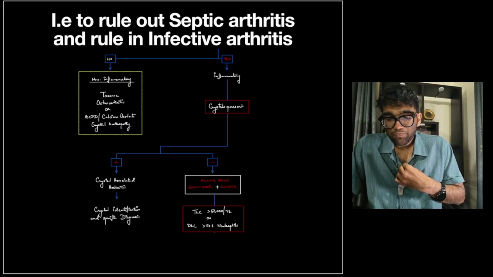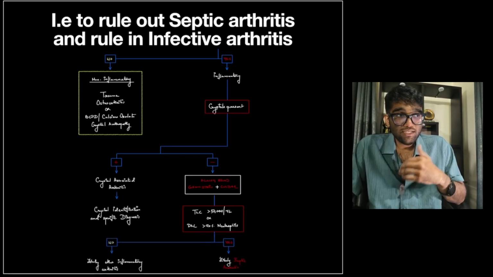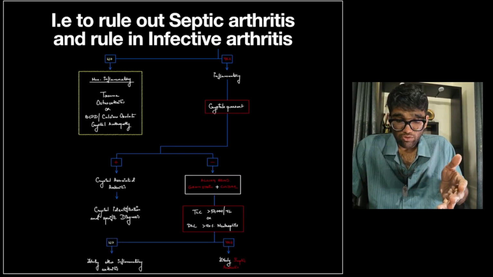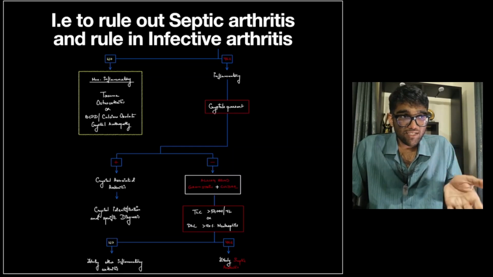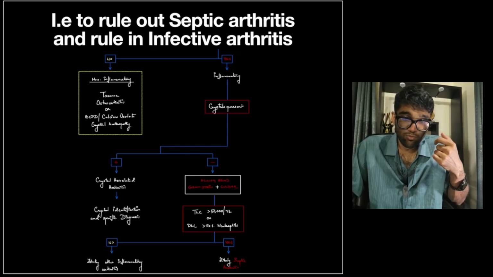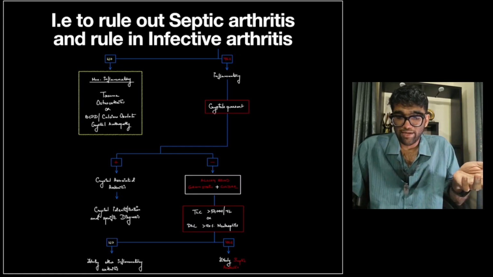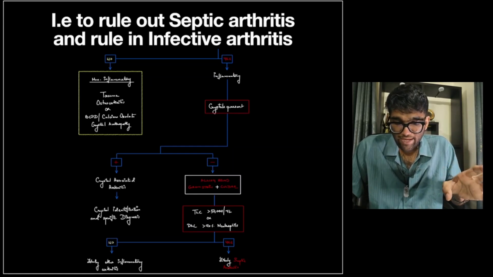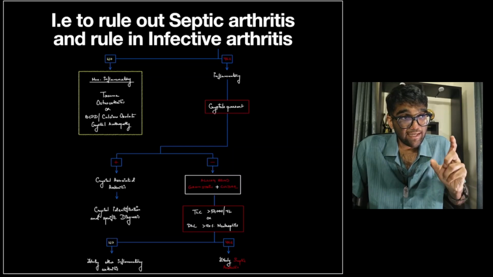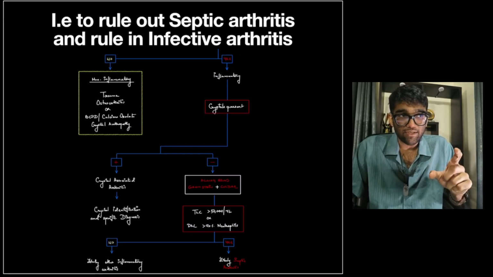Importantly, if the TLC is not just higher than 2000 and DLC is not just higher than 75%, that is, it's actually more than 50,000, and/or the DLC is more than 90% neutrophils, then we are strongly suspecting septic arthritis.